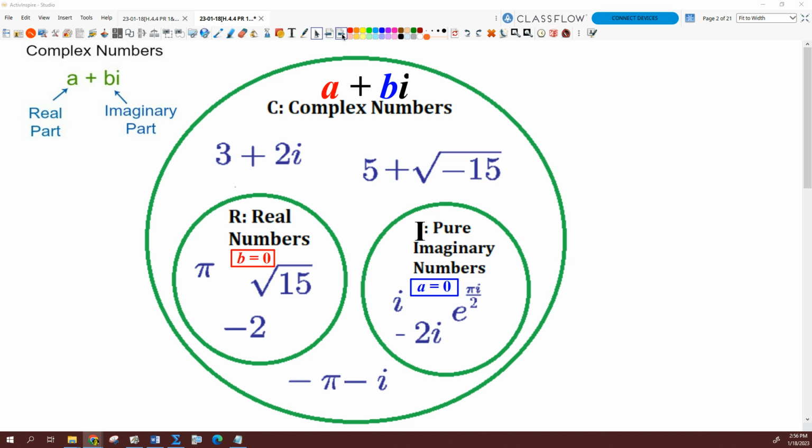Those are all the complex numbers with a 0 imaginary part, where b is equal to 0. That's every number prior to a couple days ago you'd ever dealt with, right? Those all fit into that subset. Yesterday we talked about pure imaginary numbers. Those are numbers where the real part is equal to 0, and it's just b times I. So things like I or negative 2i, for example. Okay.